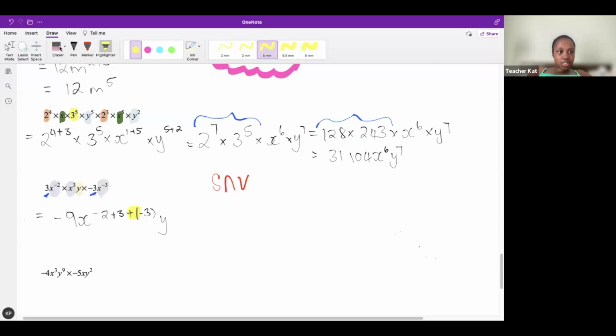It becomes a what? A negative. So it's negative 9 times x to the power of negative 2 plus 3 minus 3 y equals. Okay, negative 9 doesn't change, right? What's negative 2 plus 3 minus 3?